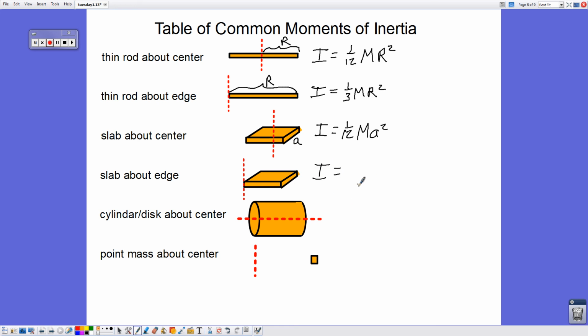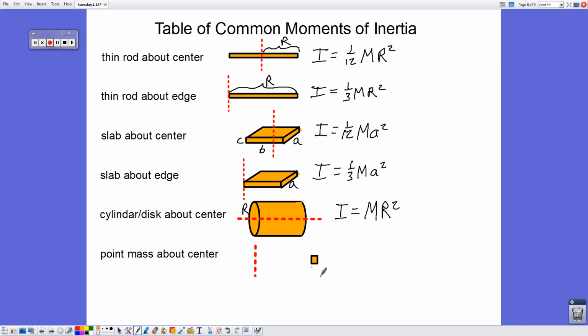This is going to be 1/3 m a squared, where this length is a, as in a, b, c. A cylinder or a flat disk rotating about its center, this is just m r squared.